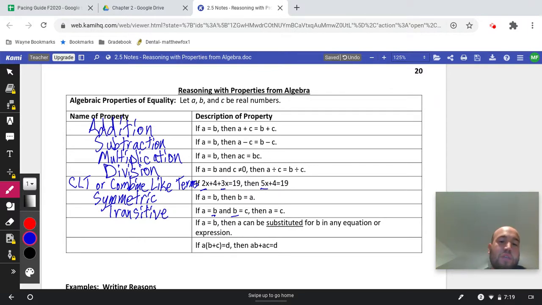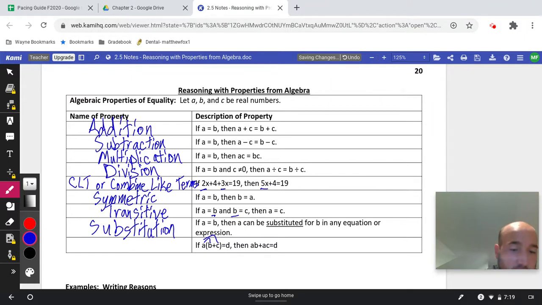So, we got two more. If A equals B, then A can be substituted for B in any equation or expression. And this is an example of substitution. And then our final type here, if A times the quantity B plus C equals D, then AB plus AC equals D. You can probably see here they distribute that.